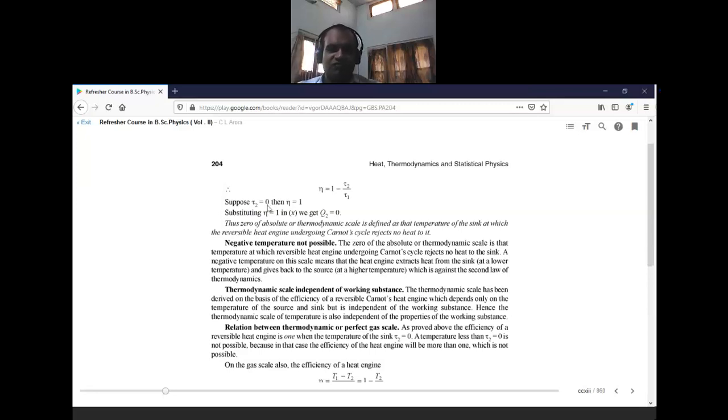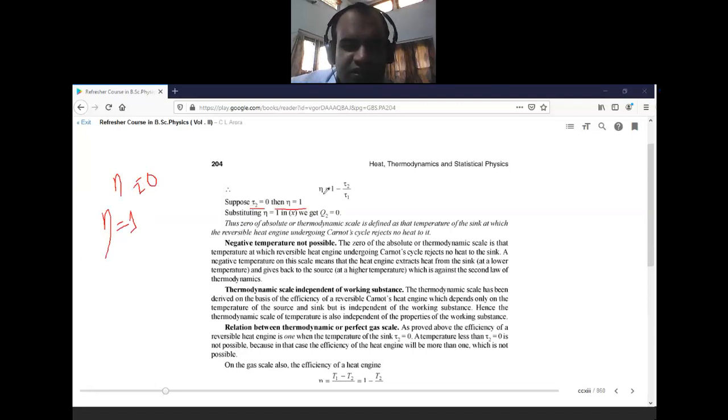Therefore, suppose tau 2, not tau 1, both are actually tau quantities. Suppose tau 2, this temperature, is 0 Kelvin.